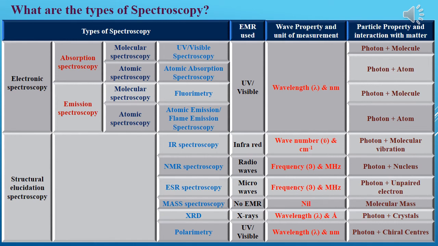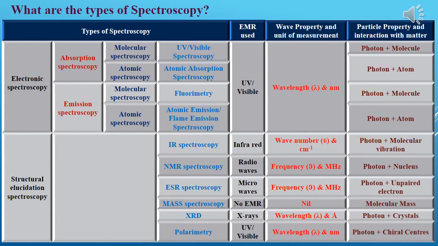Let's see what the types of spectroscopy are. There are two broad categories of spectroscopy: electronic and structural elucidation spectroscopy. Electronic spectroscopy is of absorption and emission. Absorption is of molecular and atomic type, and emission is also molecular and atomic. An example of molecular absorption is UV visible.